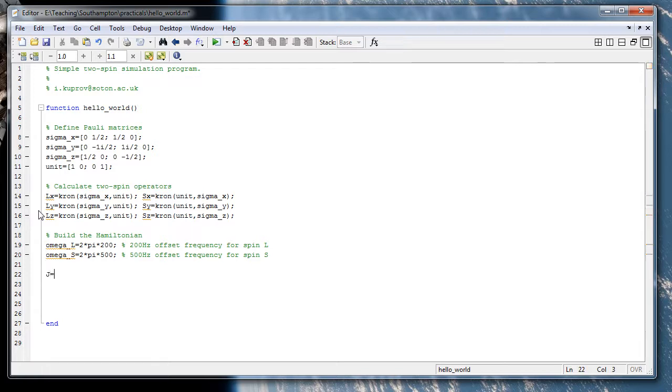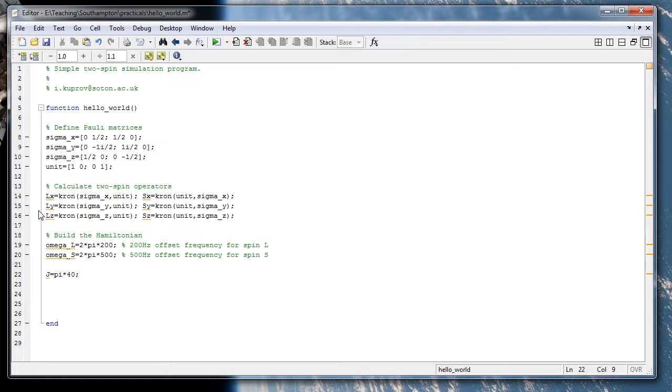And then J, let's say, will be pi times, well, 40. And the reason it's not 2 pi but just pi is historical. You see, J coupling, when you measure it in the spectrum, is not measured from the middle of the multiplet to the peak, it's measured between the peaks. So as it were, the J coupling that we measure from the data and the J coupling that's typically reported in the literature is twice the actual coupling, and so when we put it into the Hamiltonian from the literature, it has to be just pi.